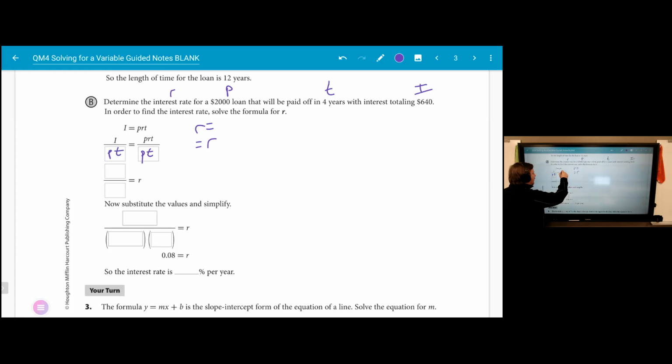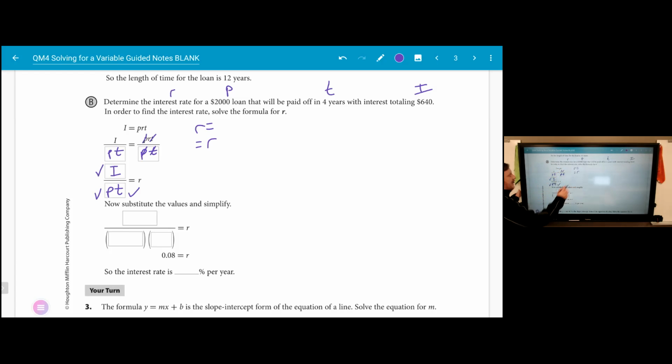These simplify to 1. We're getting rid of P and t to find r, right? I've got I divided by P times t equals r. There we go. I know P, I know t.